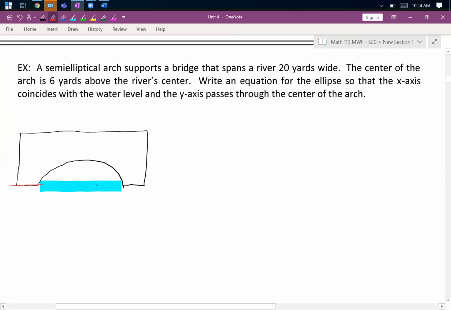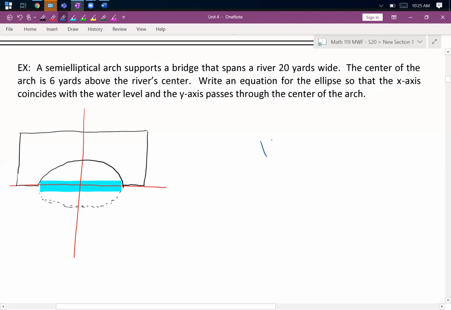I lay my axes, say that's our x-axis, and this is our y-axis. It would be nice for the center of the ellipse to be at the origin, so we're just going to put our axes there.